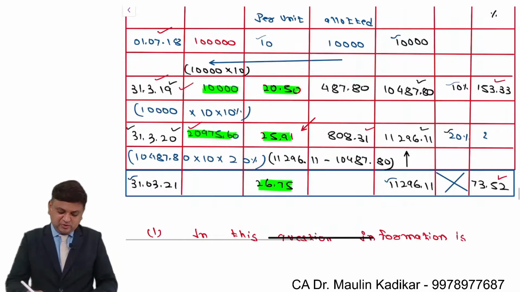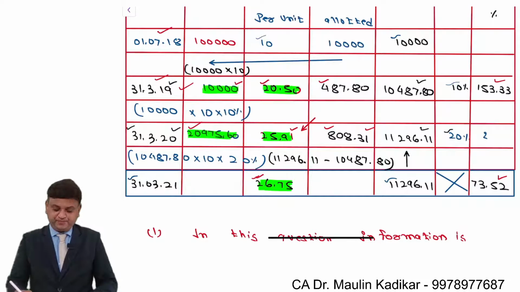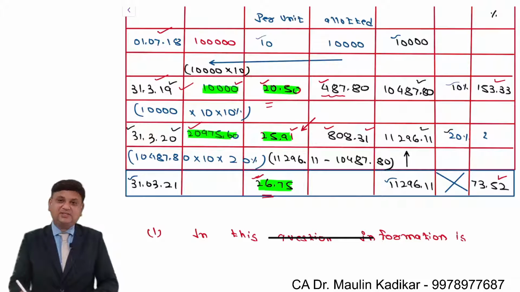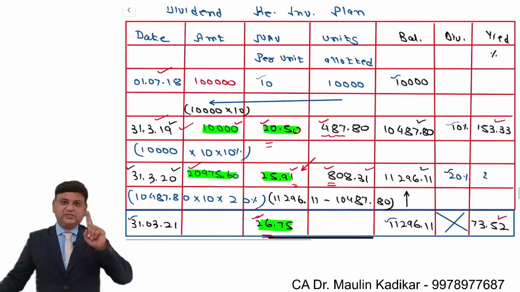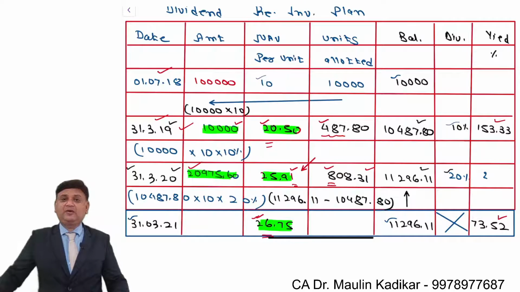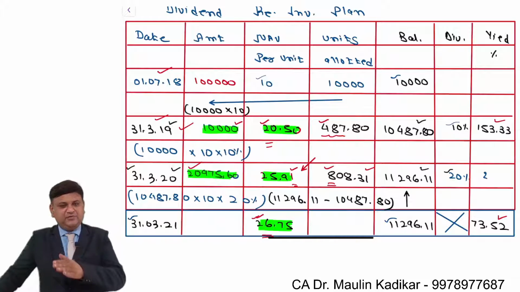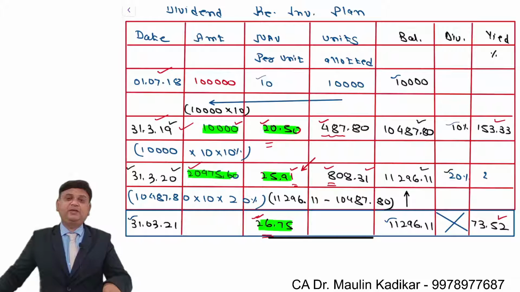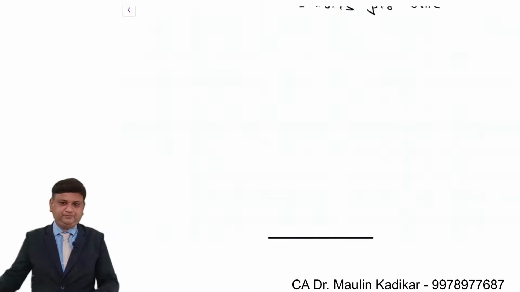So we are required to consider the change in value for this number of units also, because these units are supposed to be valued at this rate and not at this rate. So we cannot go with the first method for any calculation after the first time the dividend is paid to the investor. So that is one final answer.